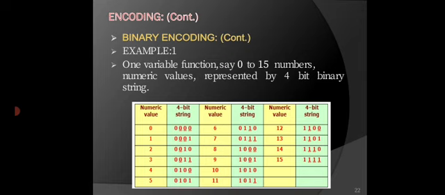This table shows that numerical value 0 is represented by the 4-bit binary string 0000, 1 is 0001, 2 is represented as binary encoding 0010, and so on. And similarly, say 15 is represented as the encoded number 1111, four times 1, right? I think it is clear how the encoding is done.